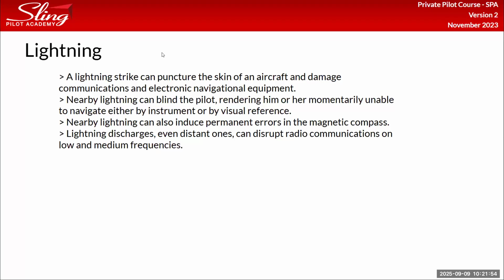Does anyone know how lightning is formed? I learned this recently. Someone say friction? Friction of what? Friction of clouds? It's not the clouds, it's friction of the molecules, right? Exchange of electrons to the molecules.